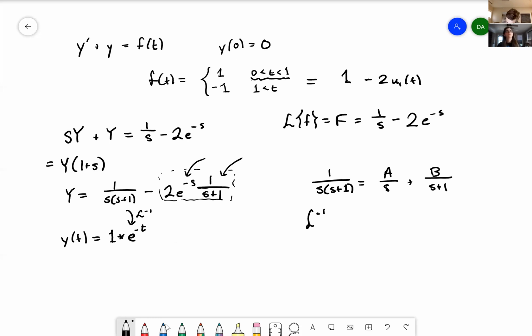So the inverse Laplace transform of 1 over s plus 1 is equal to e to the, checking, e to the minus t.